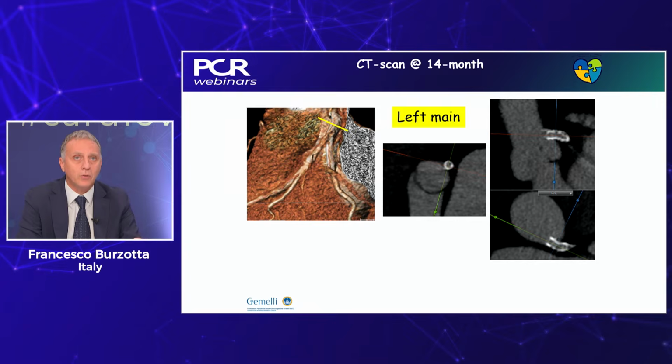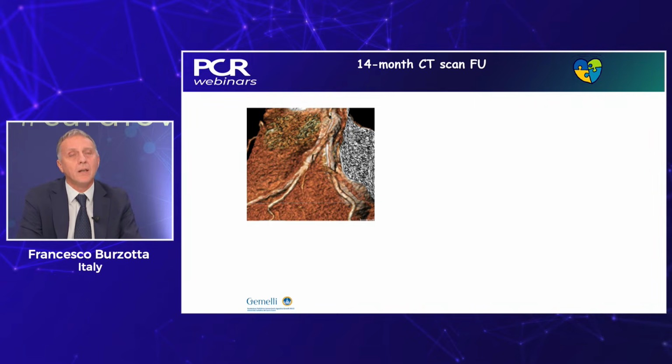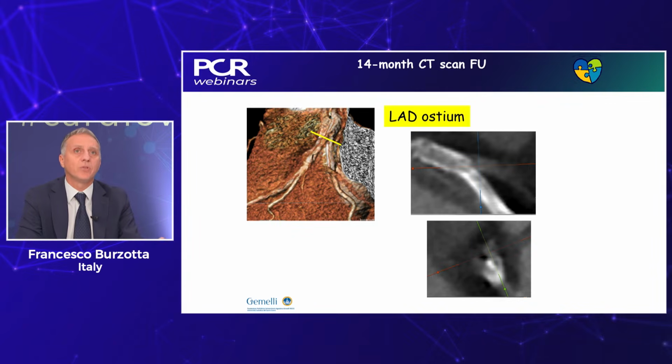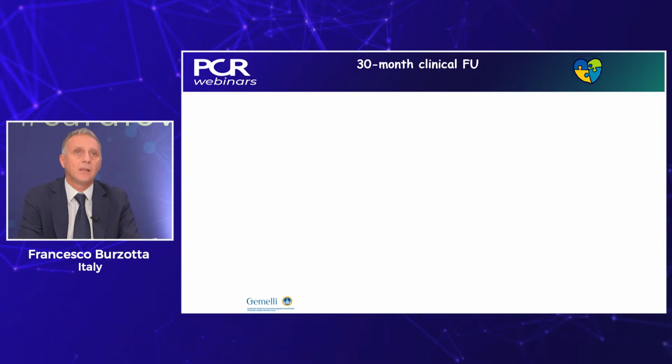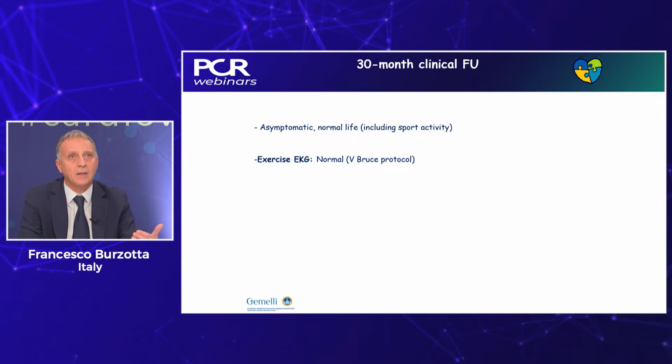And also, you see that I decided to cover up to the ostium, so you see that there are some floating struts. We will see during this afternoon together the impact of that. And there is also the possibility to check that the stent was fenestrated with a good opening toward the LAD. And at 30 months, the patient is asymptomatic, normal life, and the exercise test is negative.